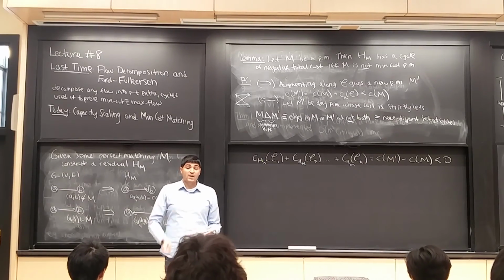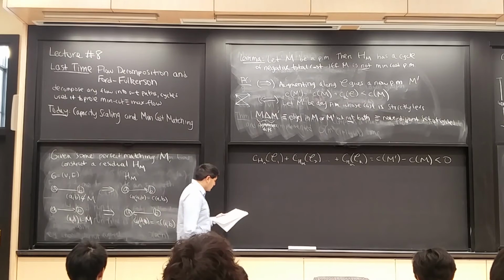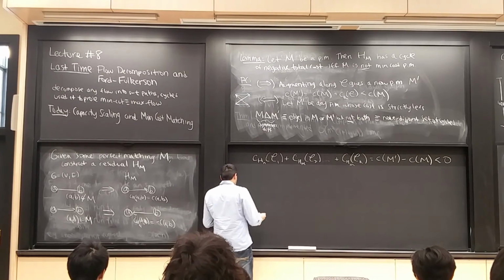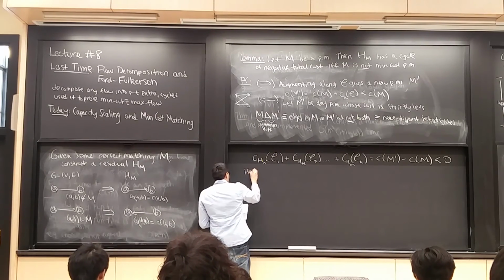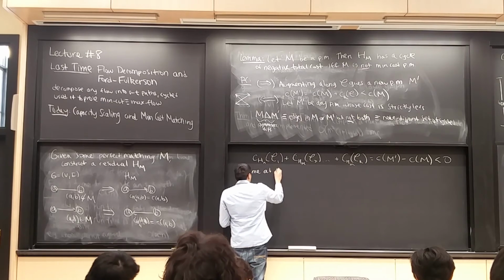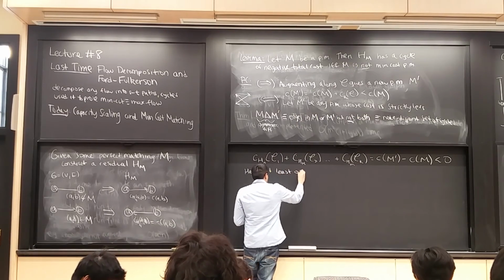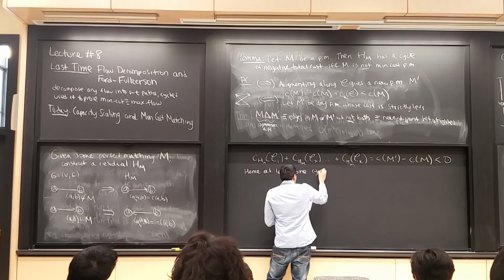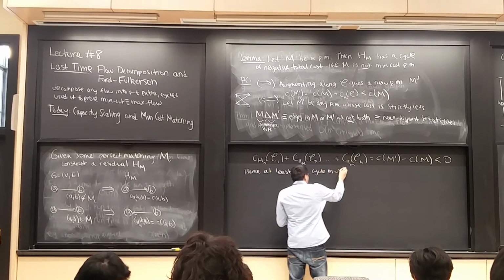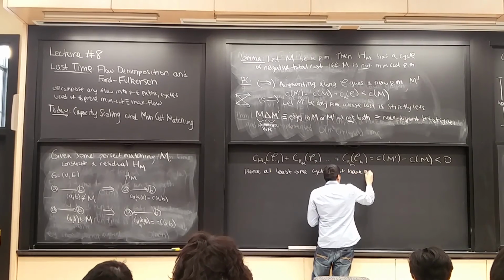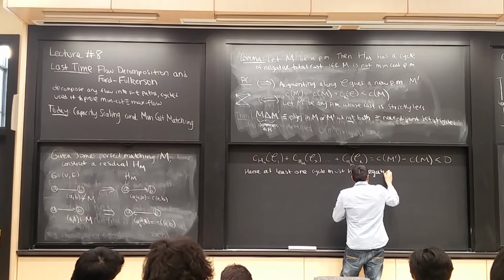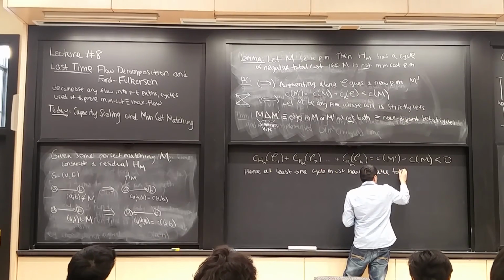So at the end of the day, all this tells us is that hence, at least one cycle must have negative total cost. And that's the end of the lemma.